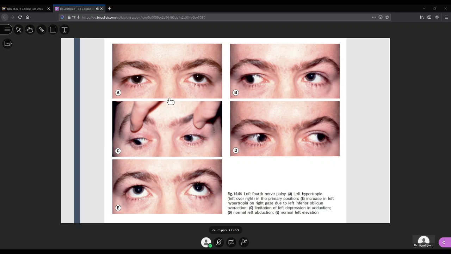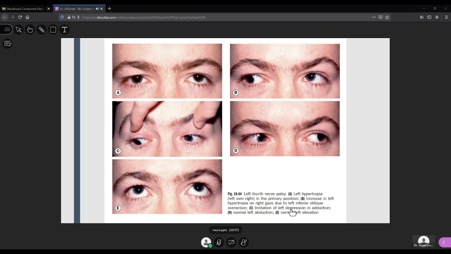B. Increase in left hypertropia on right gaze due to left inferior oblique overaction. ليش؟ لأن عنده هنا left inferior oblique overaction، لأن العدوها اللي هو superior oblique is not there، فماخذ راحتها بزيادة left inferior oblique، فيصير عندي overaction. بدل ما يصير look straight it will be look up. هذا inferior oblique overaction.